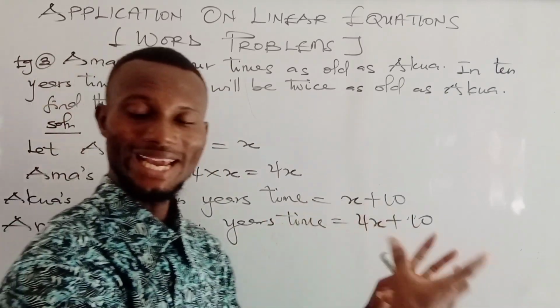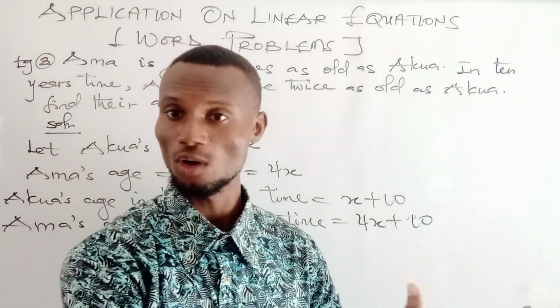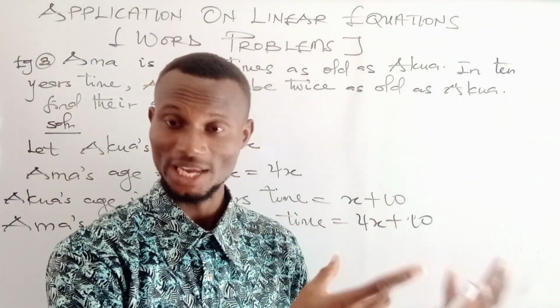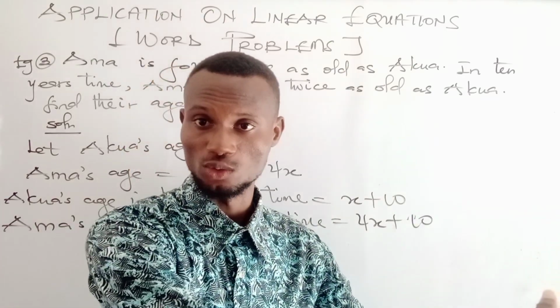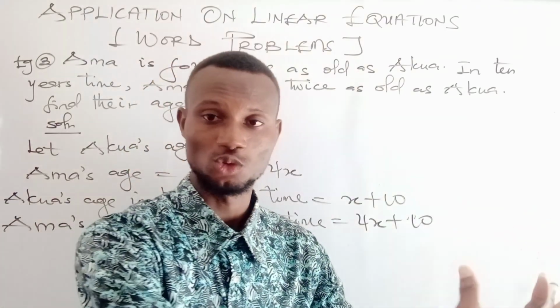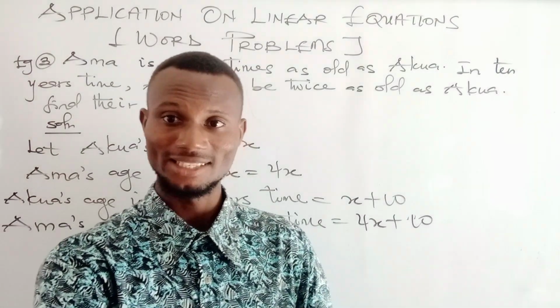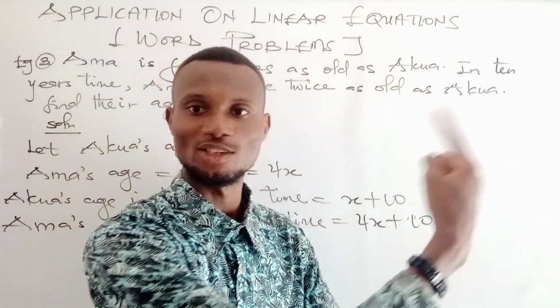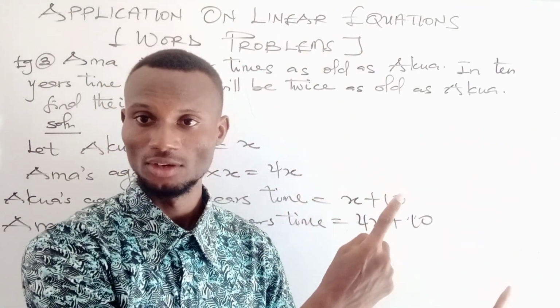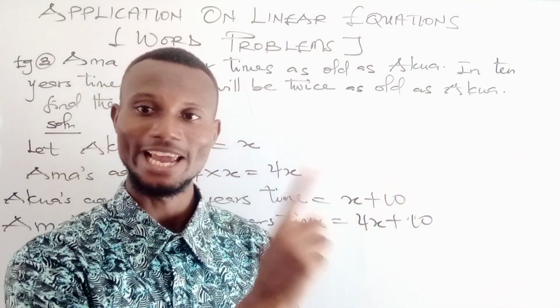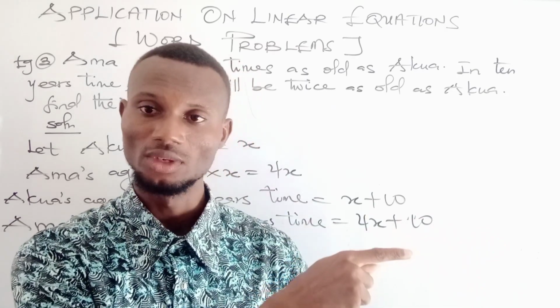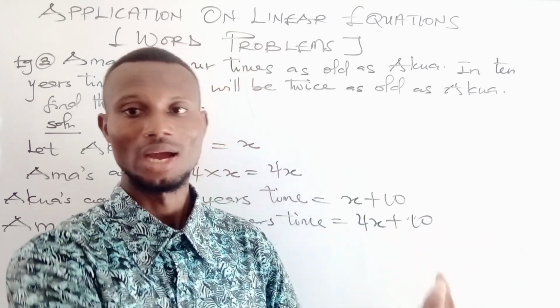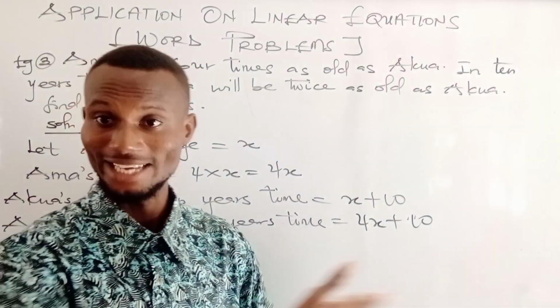Will be in mathematics means equal to, I hope you agree with me. So when you take Ama's age in 10 years time, it will be equal to twice Ikea's age. When we multiply Ikea's age by 2, it will be equal to Ama's age in 10 years time.